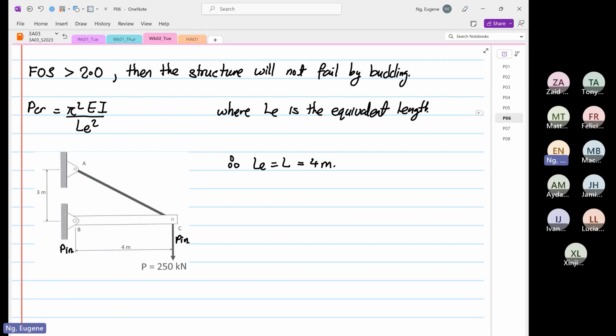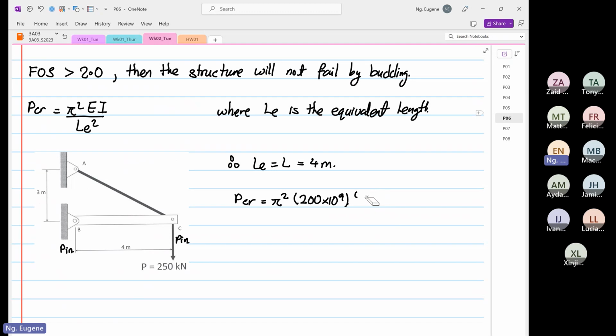Now we calculate our critical load, the boundary where onset of buckling will occur. This is pi squared, Young's modulus equal to 200 times 10 to the power 9. Our I, because it's rectangular, is equal to BD cubed over 12. Because it's a square, it is 0.1 to the power 4 divided by 12.